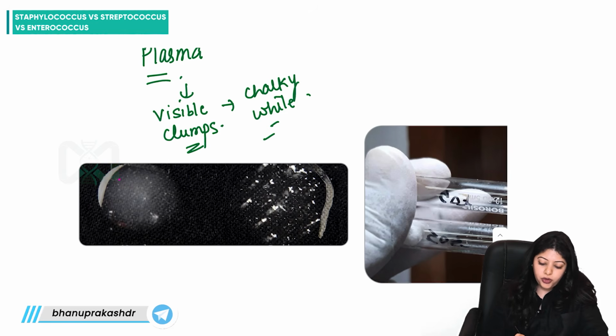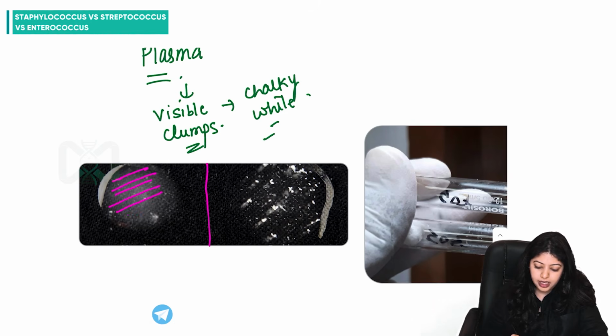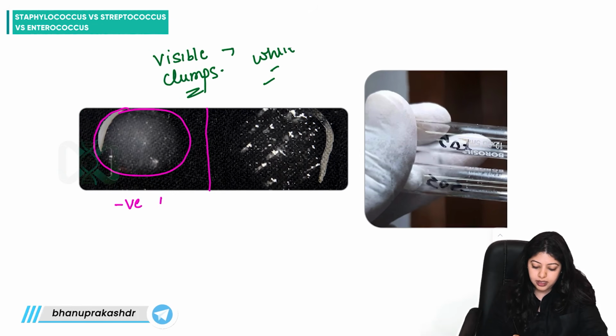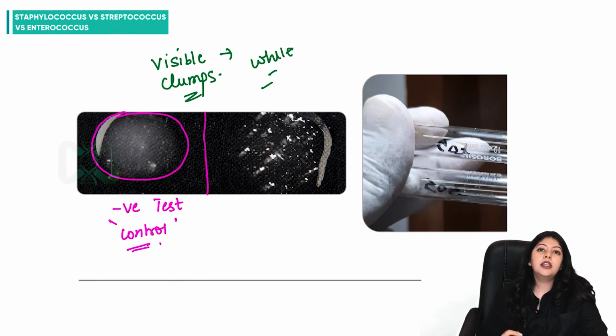Can you appreciate in this particular part of the image that we have a milky suspension in the first section, in the first circle? So this is a negative test. And of course this is the control, wherein we have placed a non-coagulase producing organism, right?